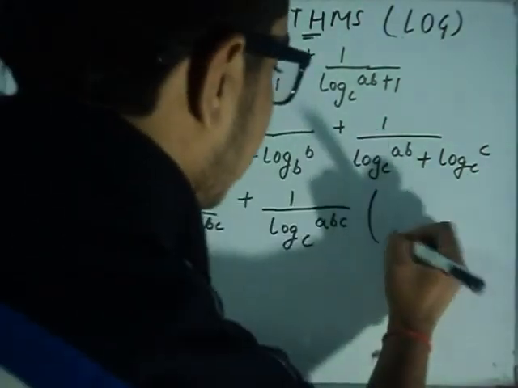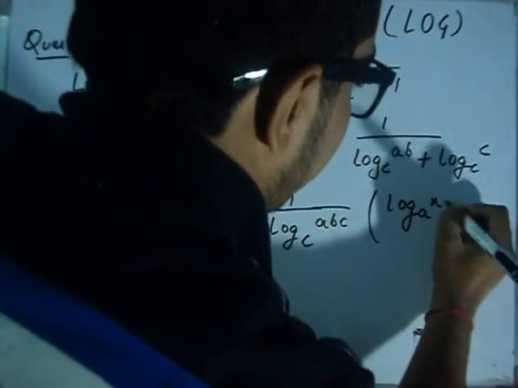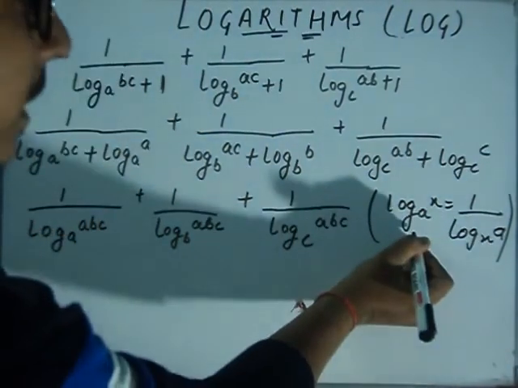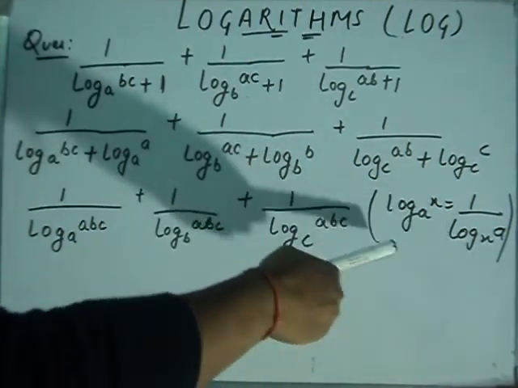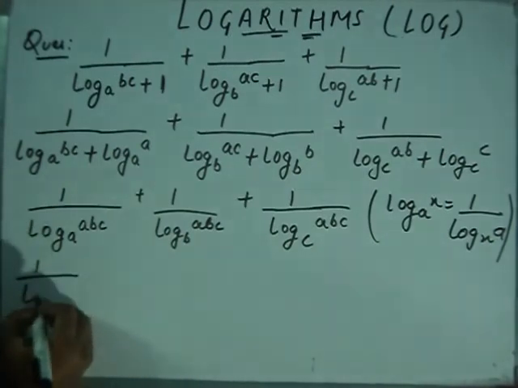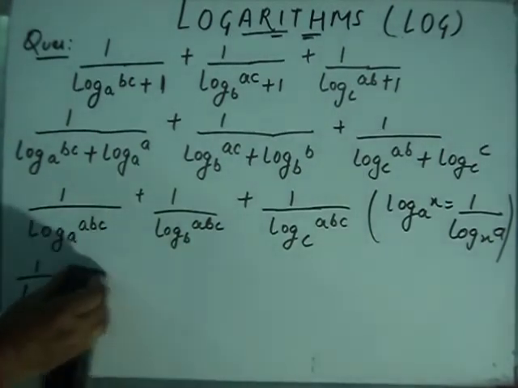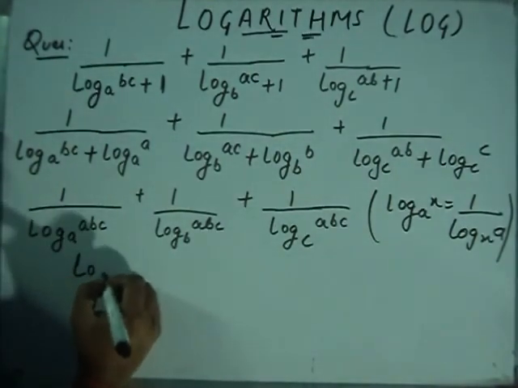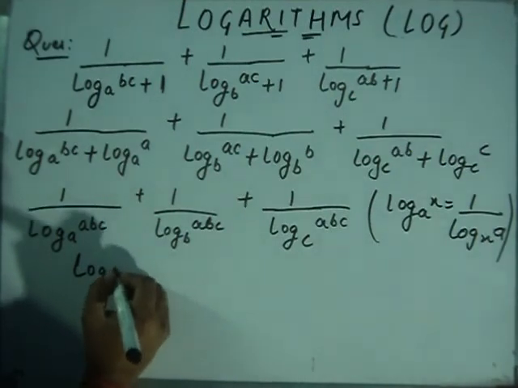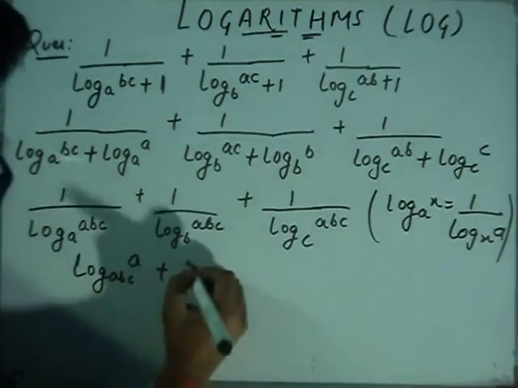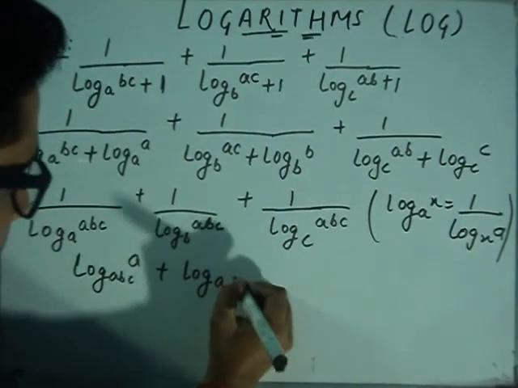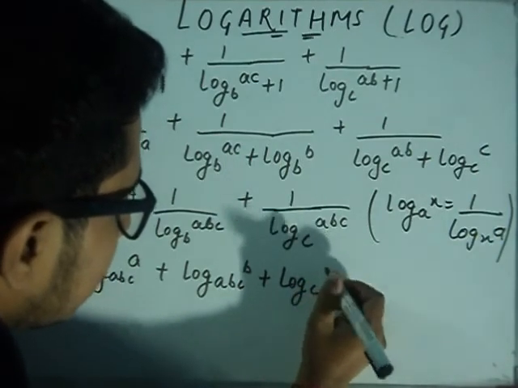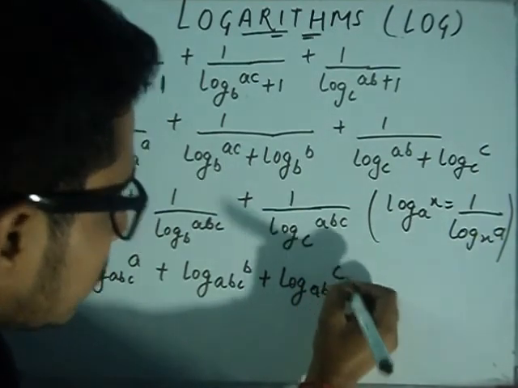Like we discussed log base a of x, we can write it as log x base a. The reverse of this property is this. So we are going to do this operation to this, like log of abc base a plus log of abc base b plus log of abc base c.